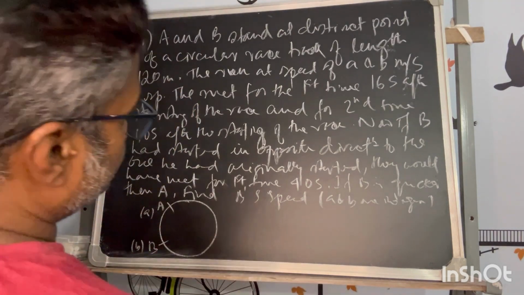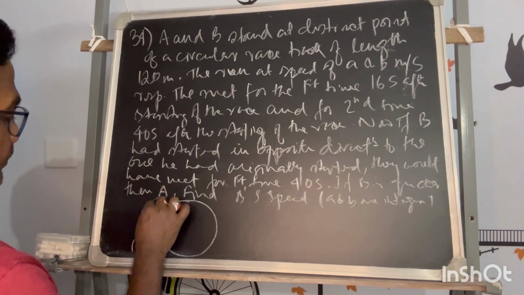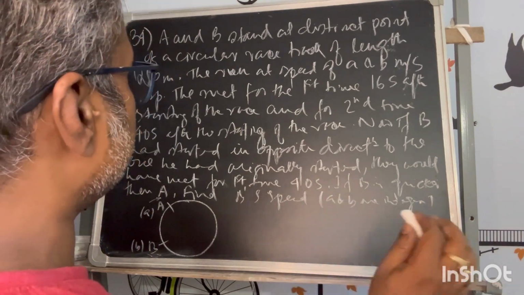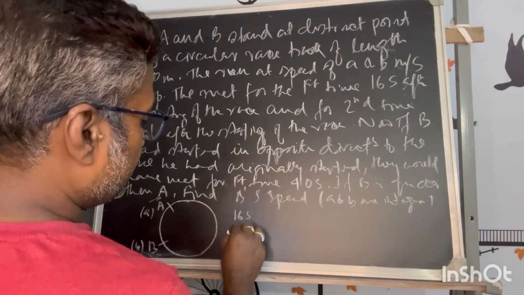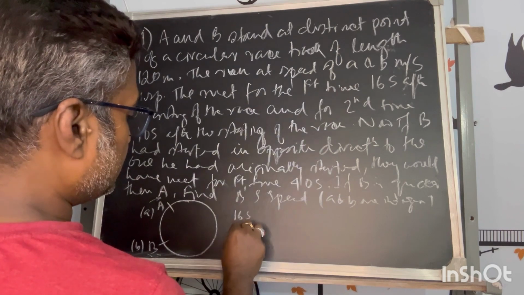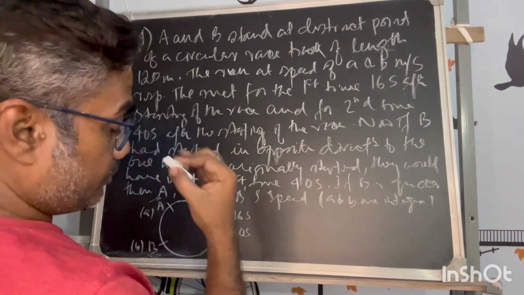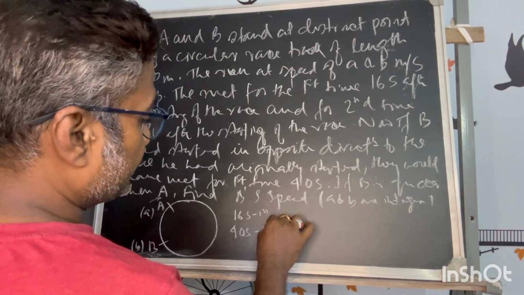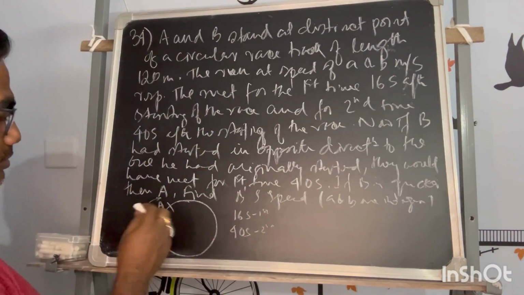So there is no option. Let's say I don't assume anything. So they are meeting at 16 seconds for the first time, and in the same way, they meet for the second time after 40 seconds. The first meet at 16 seconds, second meet at 40 seconds. So in between, let's say they are moving in the same direction or opposite direction.